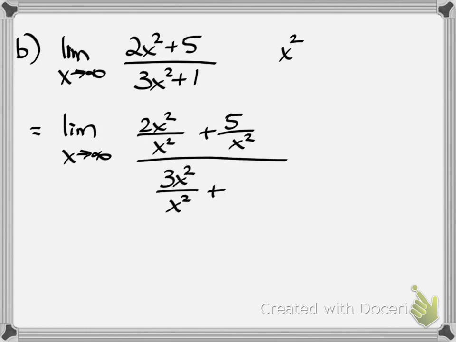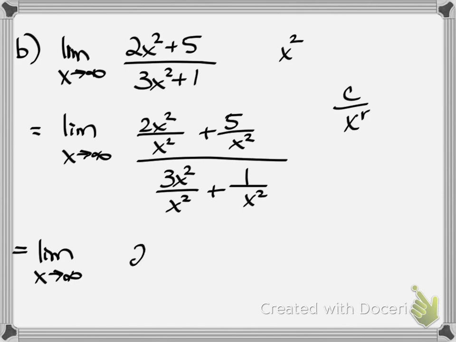It's just because I need a strategy for when x is approaching infinity, and this is it. Then I'm looking for all those c over x to the r's. But first, don't get ahead of myself. First, we want to simplify. So it's 2 plus 5 over x squared over 3 plus 1 over x squared.